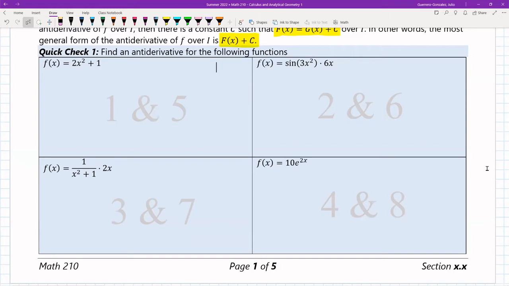As in, find me big F's, right? Find me functions big F such that if I take the derivative of those functions, I get these back. Okay. Again, just do the one that's assigned to you. And I'll look over solutions and I'll put them up in the notes a little later.